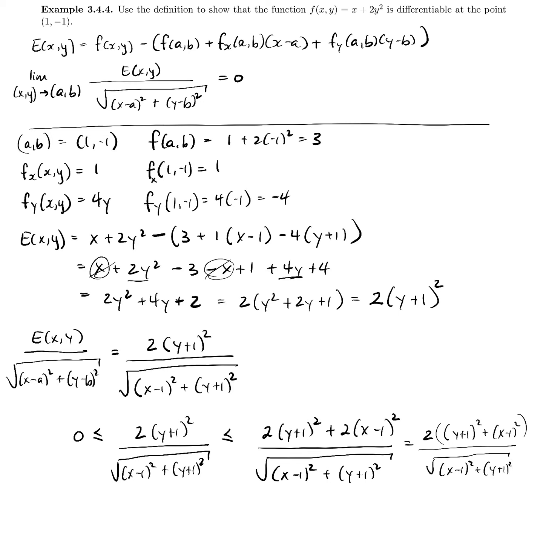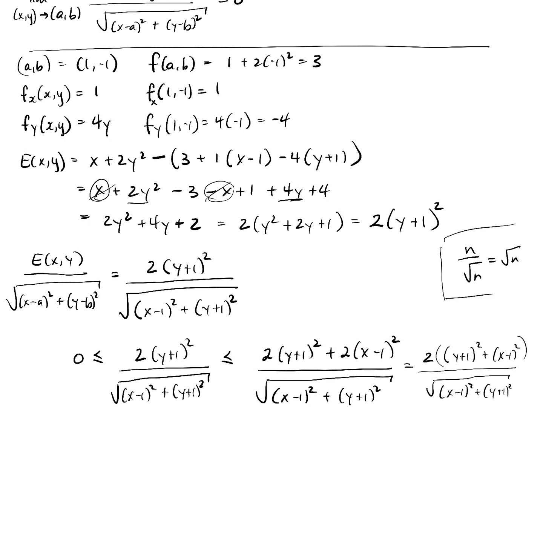That's like we have n over root n. And if we have that, that all just simplifies to root n. Now, of course, I'm thinking of n as this whole big expression here.